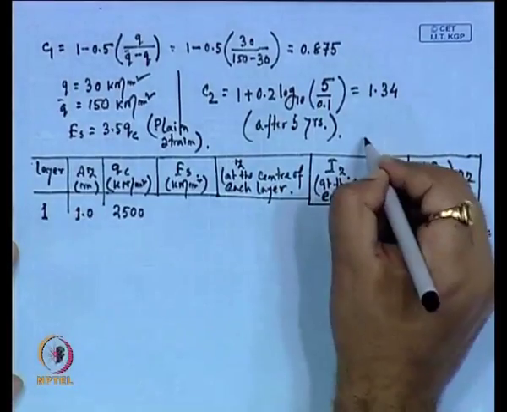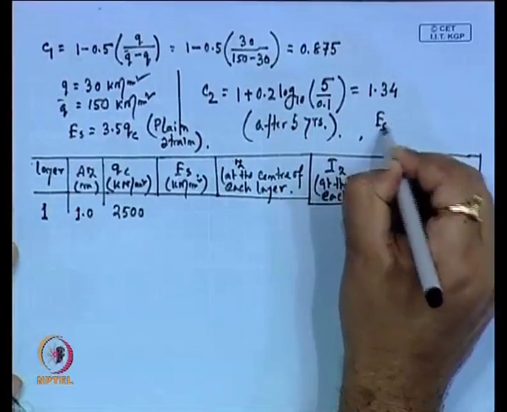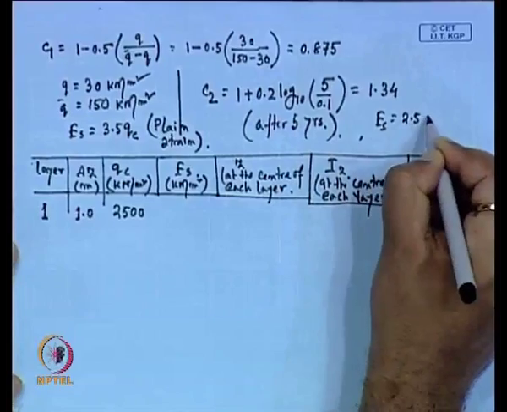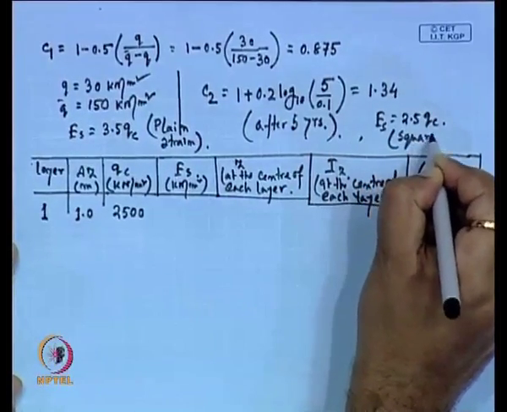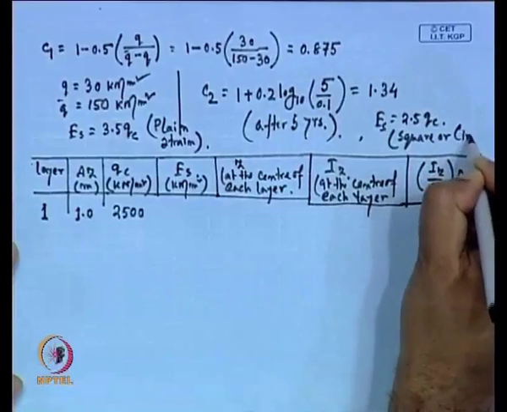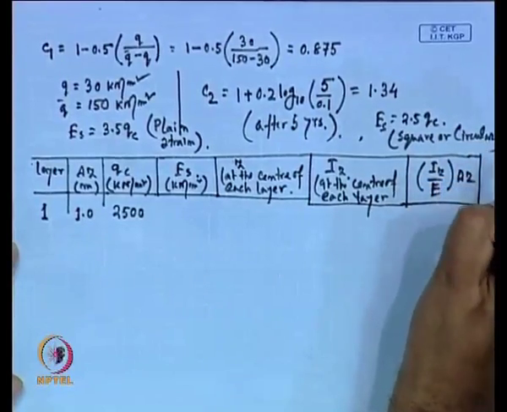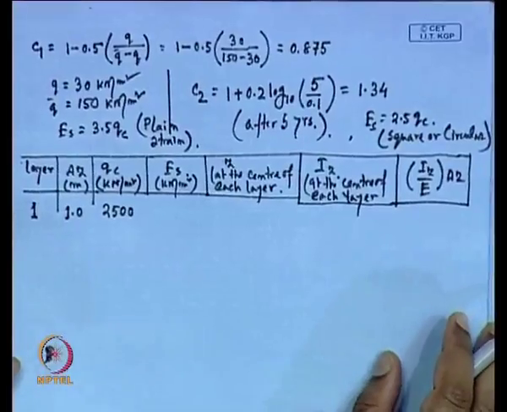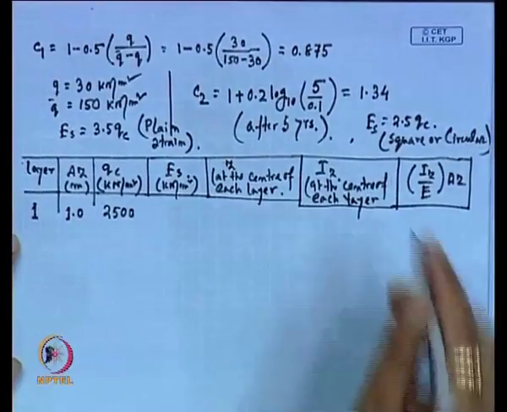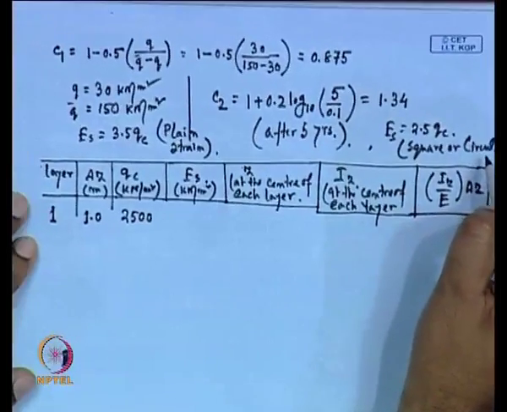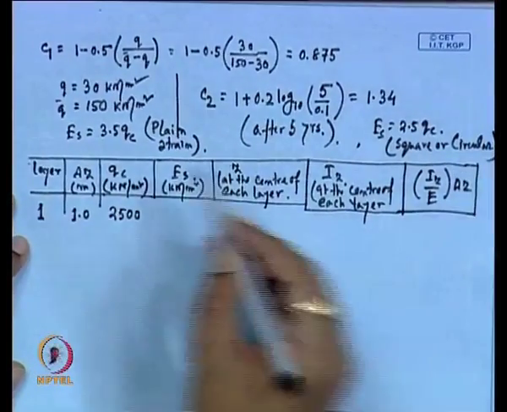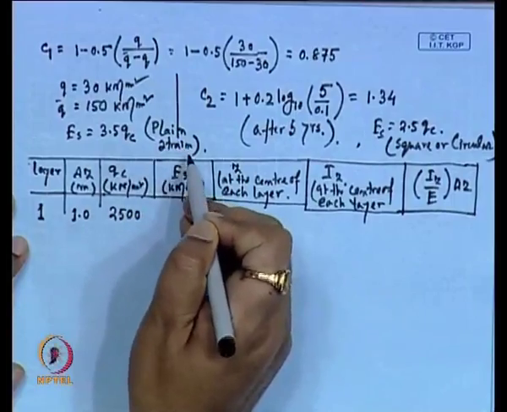Similarly, we will get E s equal to 2.5 into Q c for square or circular footing. So, E s equal to 2.5 Q c for the square and circular, and E s is 3.5 Q c for the plane strain.